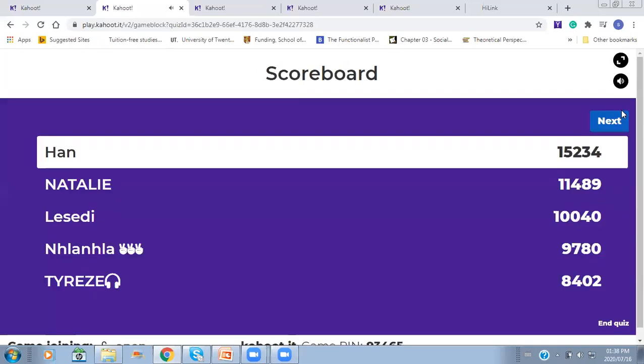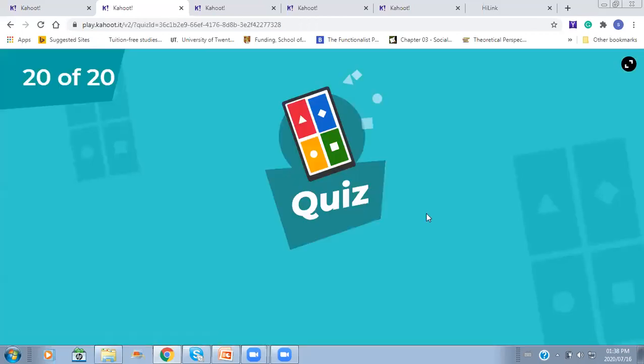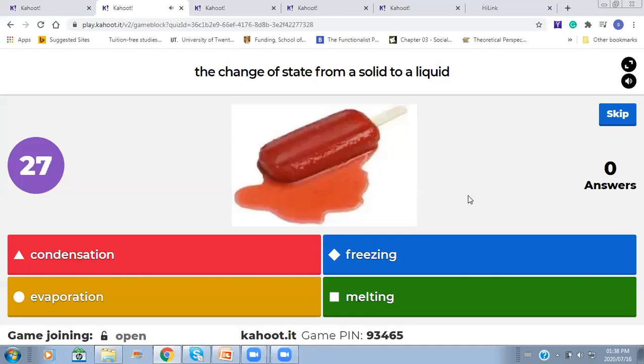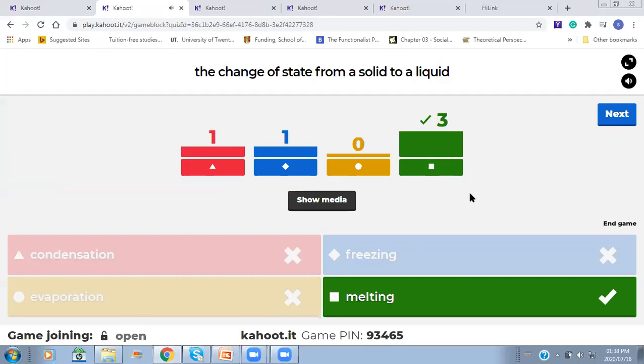Okay, let's see the one who got this first. Okay, still Han. Yes, we are getting into thousands. Last but not the least, the change of state from a solid to a liquid is called condensation, freezing, evaporation, or melting? Alright, melting.